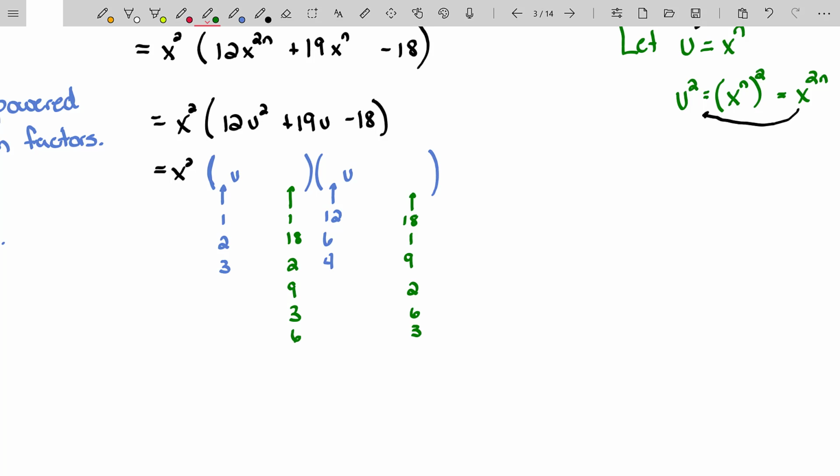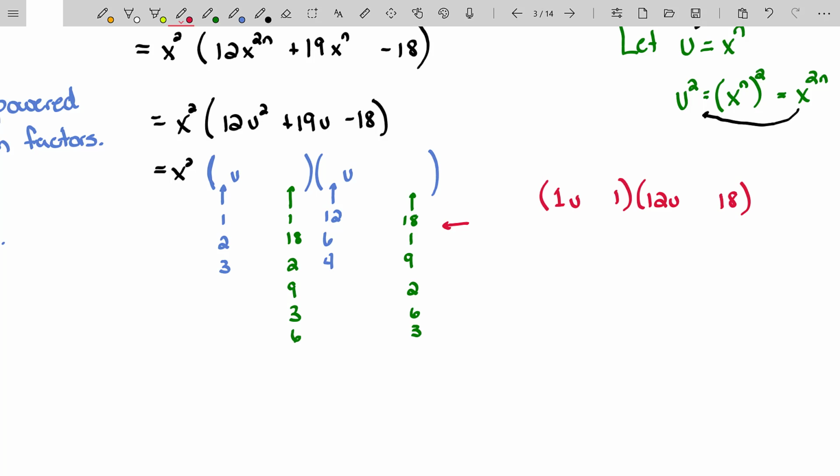To showcase what I'm going to do here, I'm going to write down one candidate combination. So one candidate combination is the following. We could have had 1u and a 1, and 12u and the 18. All I did was take this first row here, basically.